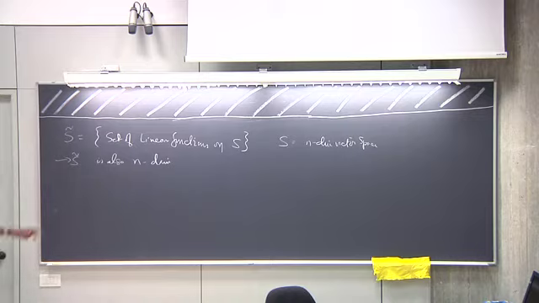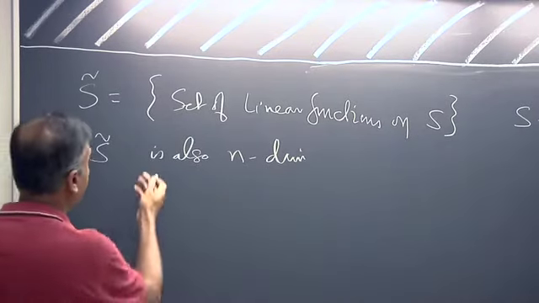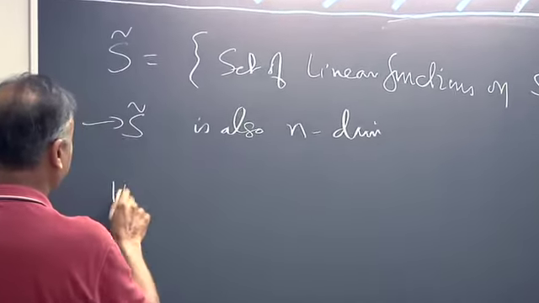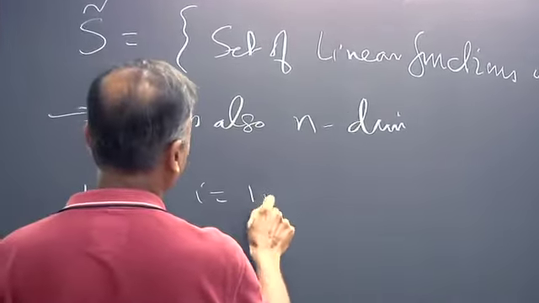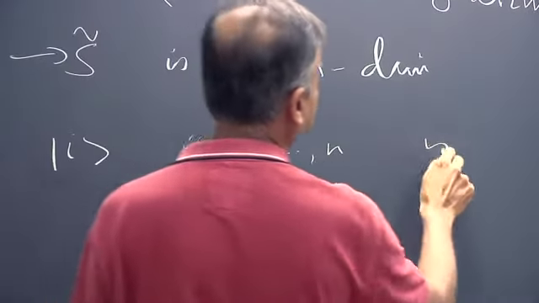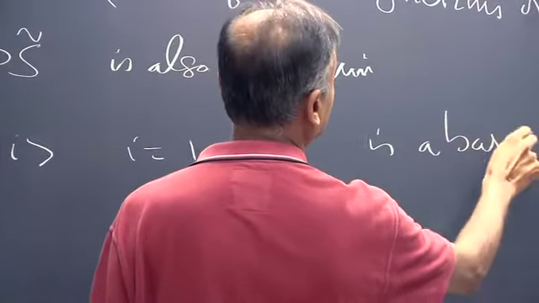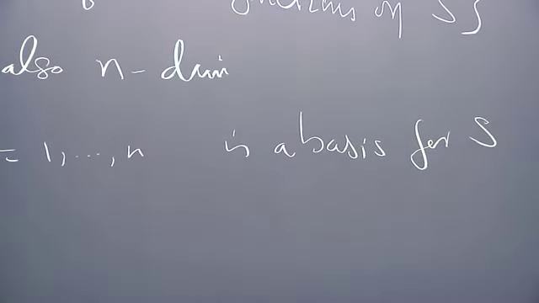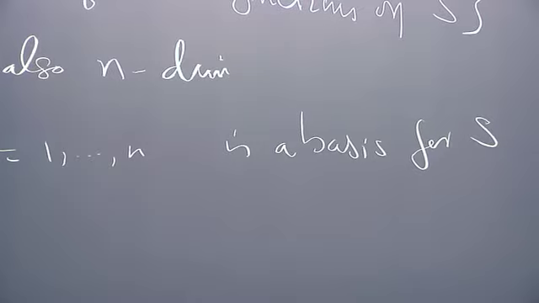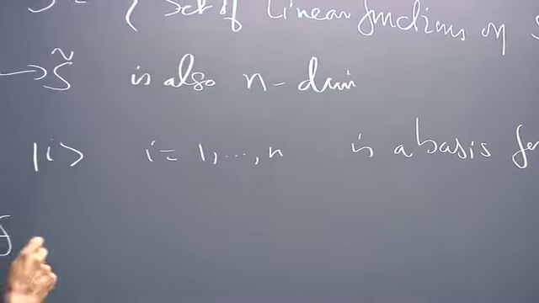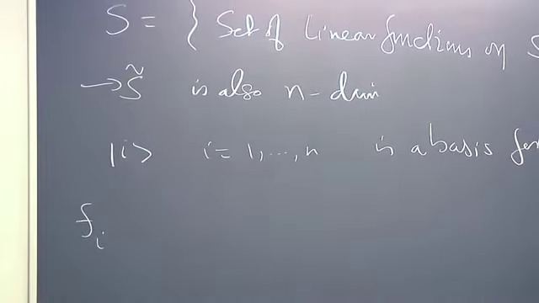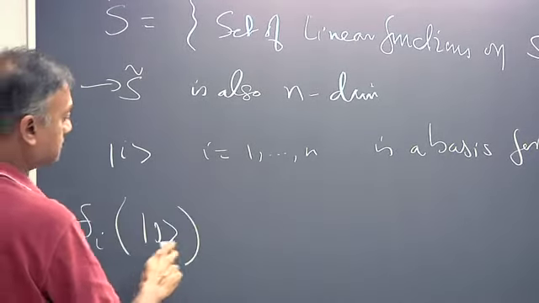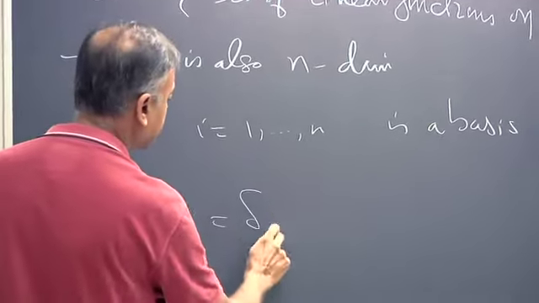And you remember how we showed it, we just constructed a basis for S tilde, right? So if, let's say, e_i, i going from 1 to n, is a basis for S, then we defined a basis for S tilde. We defined linear functions which we called F_i. These are linear functions, and they are defined by the following conditions. F_i acting on e_j is delta_ij.